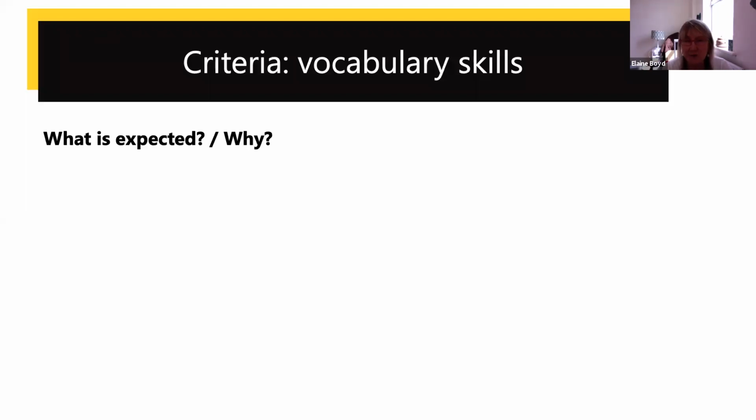Now, I would argue you don't want to keep this to numbers. It's not about the numbers of words, but it might be the type of words they've chosen, or the kind of punctuation around the words, or the relationship between the words and the task.